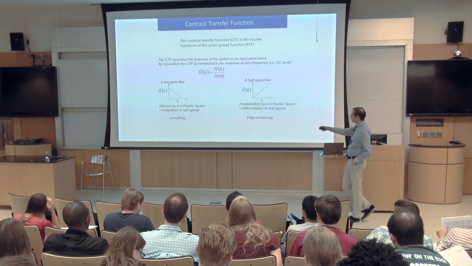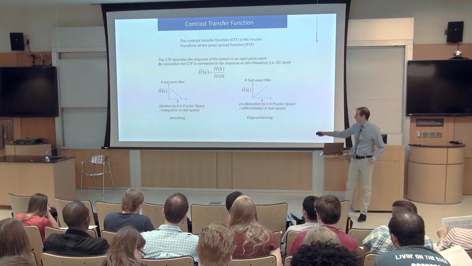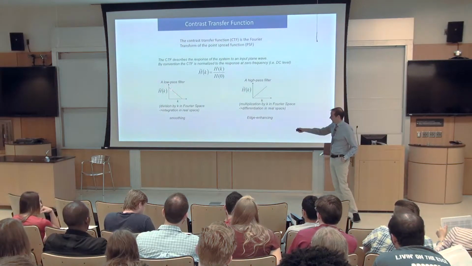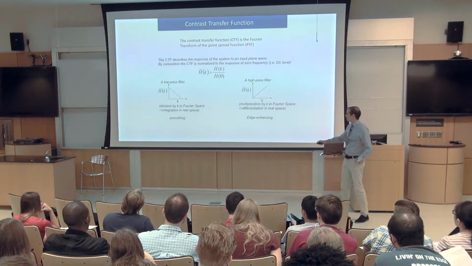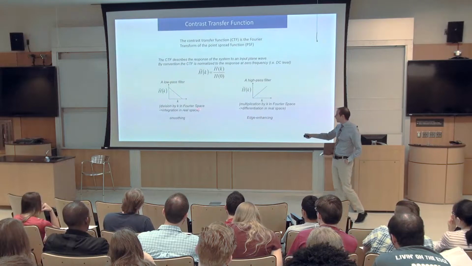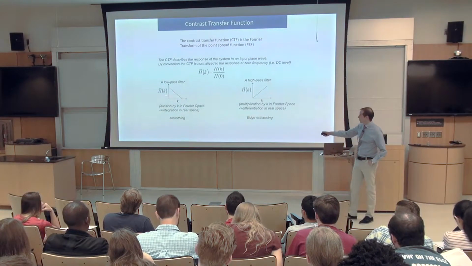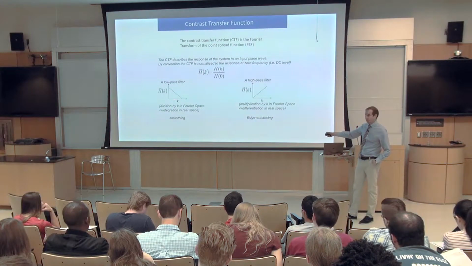So one functional form that's good to know about is a low-pass filter. And in a low-pass filter, we have a value that decays as we go to higher frequencies, as we go to higher wave vectors. You can think of this as a division in Fourier space, which will give you an integration, a smoothing effect. That is, we're emphasizing low frequencies and we're de-emphasizing high frequencies.